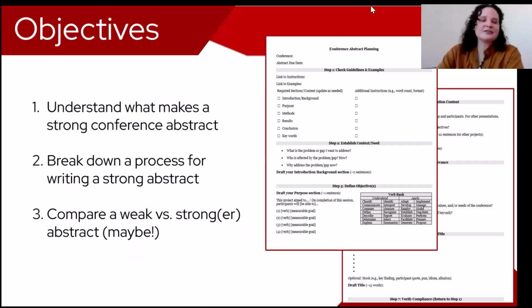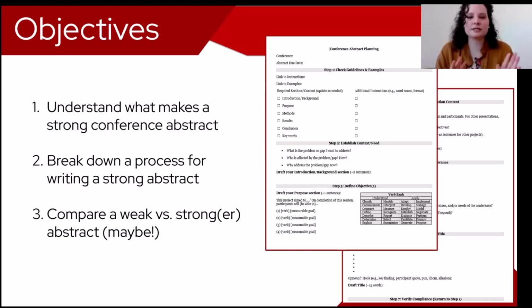So the objectives for today's presentation are primarily the first two: understand what makes a strong conference abstract and break down a process for writing a strong abstract. And that is what the worksheet is for. You do not need to work through it while I'm talking. We can send it out in the email with the materials afterwards, if that's preferable.